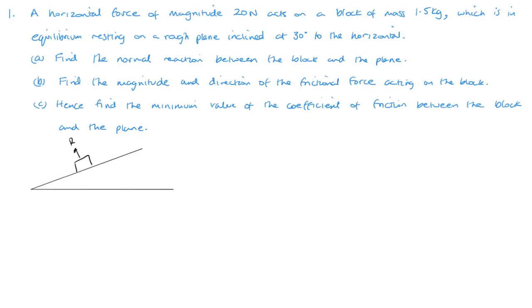We've got R on it, and a horizontal force acts at 20 newtons on a block of mass 1.5 kilograms. So the horizontal force acts on this block, so it's probably going to be pointing towards the block, so I'll just put it on the other side like this. And this angle here is 30 degrees.